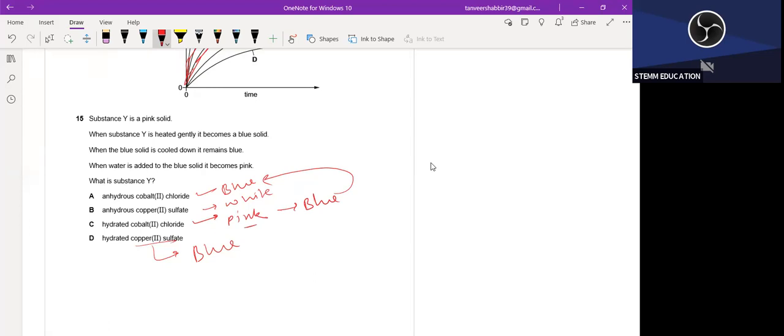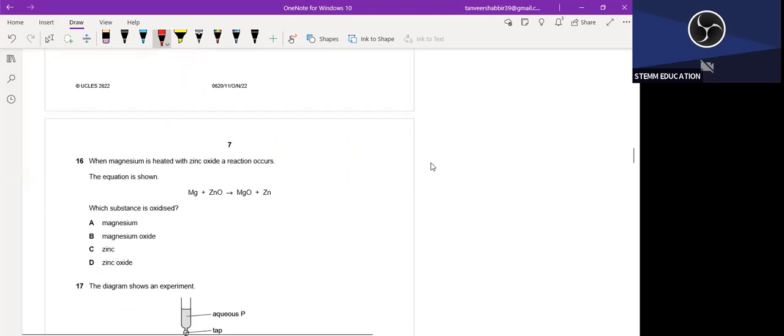That's why this is converted from pink to blue. Because in this there were water molecules, the color was pink, and after removing water molecules, the color becomes blue. And again, if I add water into this, it will convert into pink. So overall, the answer of question number 15 is C.